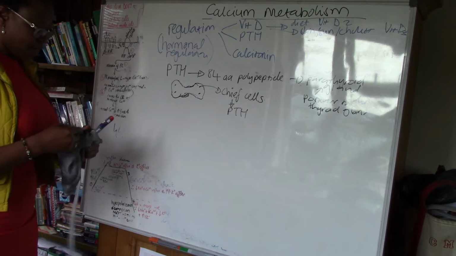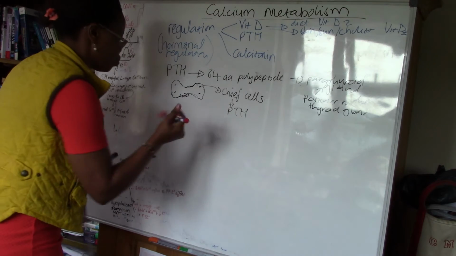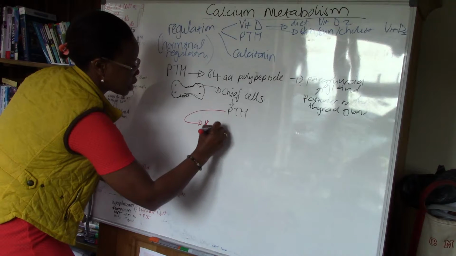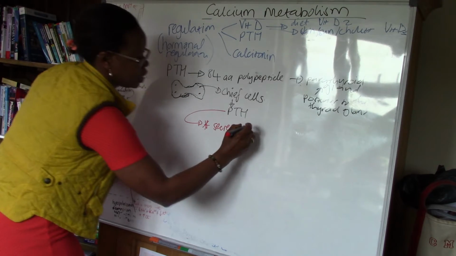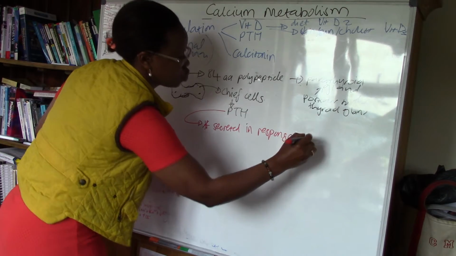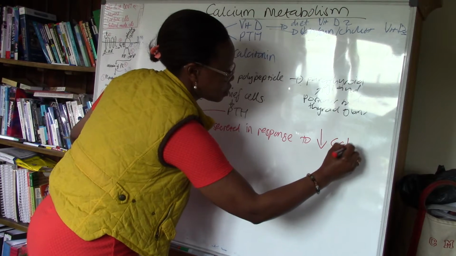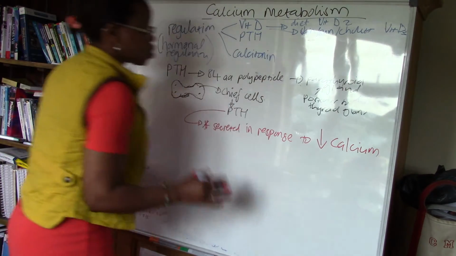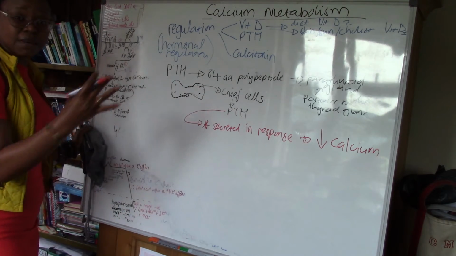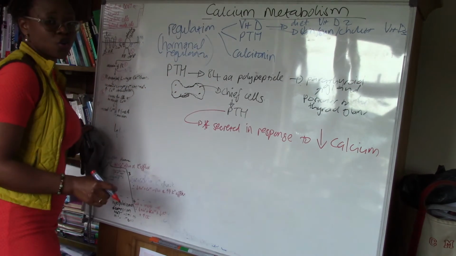And parathyroid hormone is secreted in response to, and really this is the most important, low calcium levels. So when there's low calcium, the calcium sensing cells will sense that there is low calcium and release parathyroid hormone.